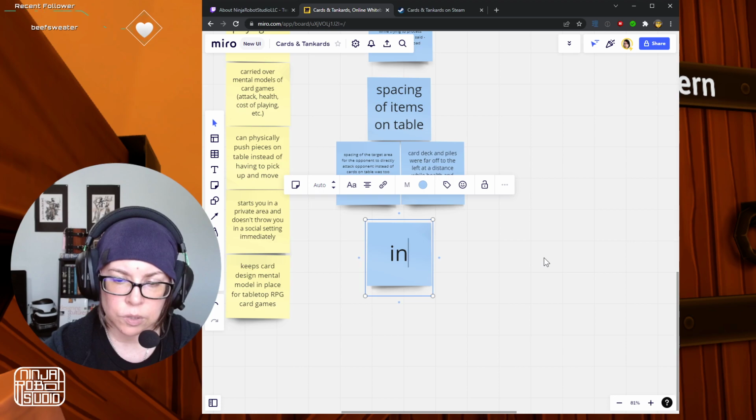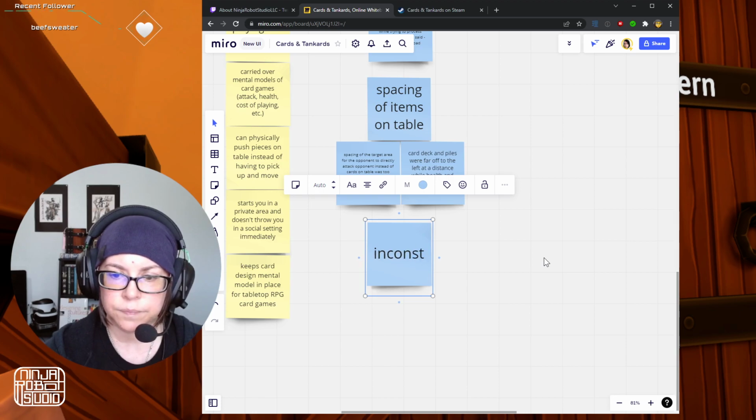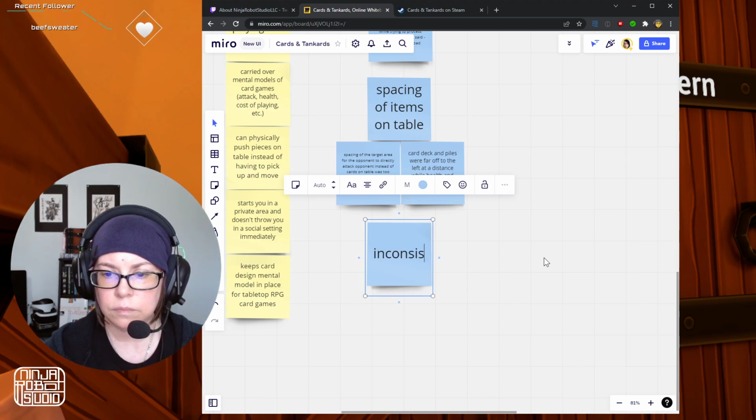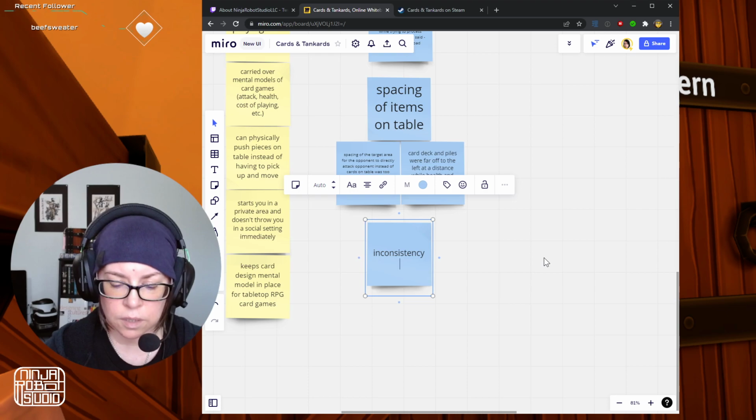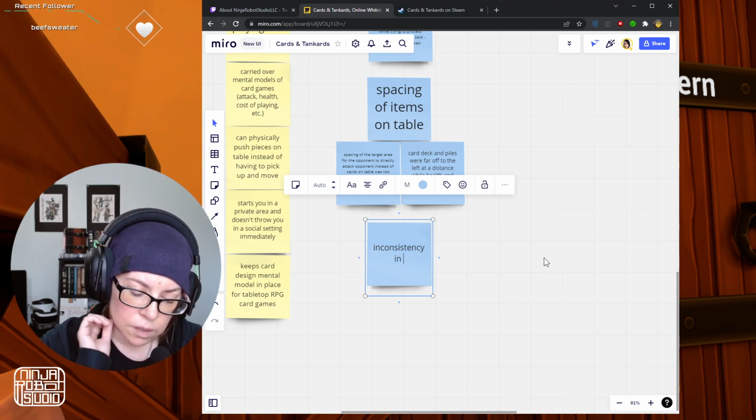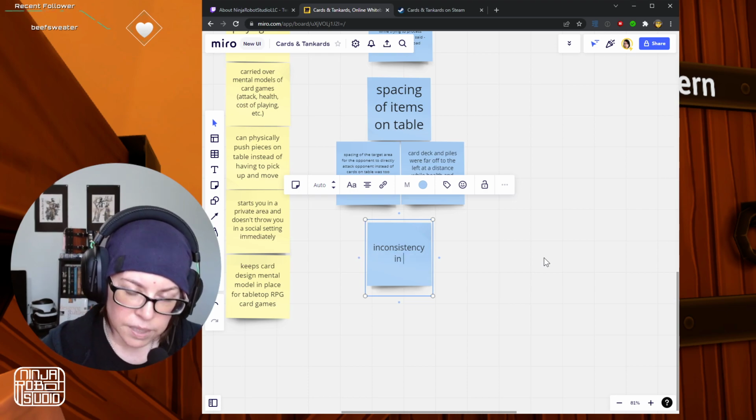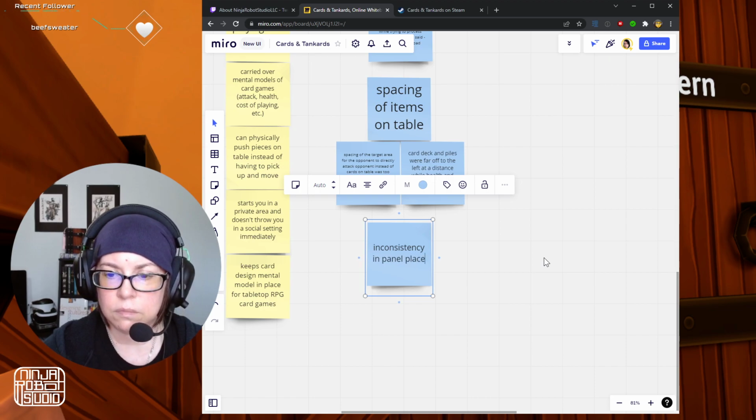Let's see, there was some inconsistency. Did I actually spell it right? Inconsistency in panel placement in tutorial.